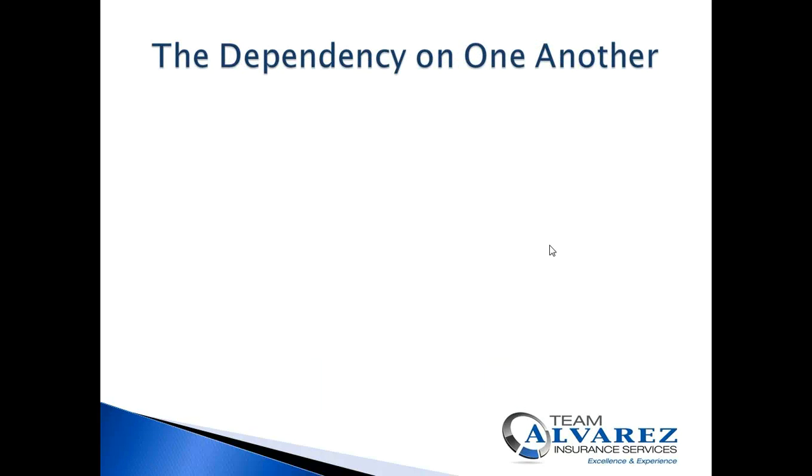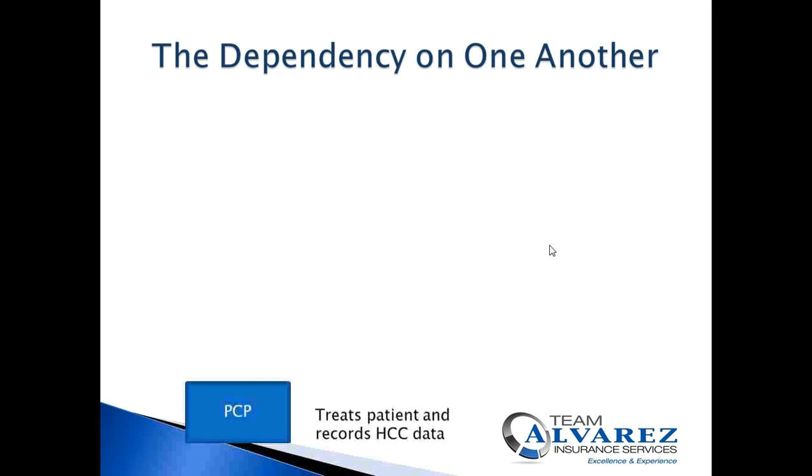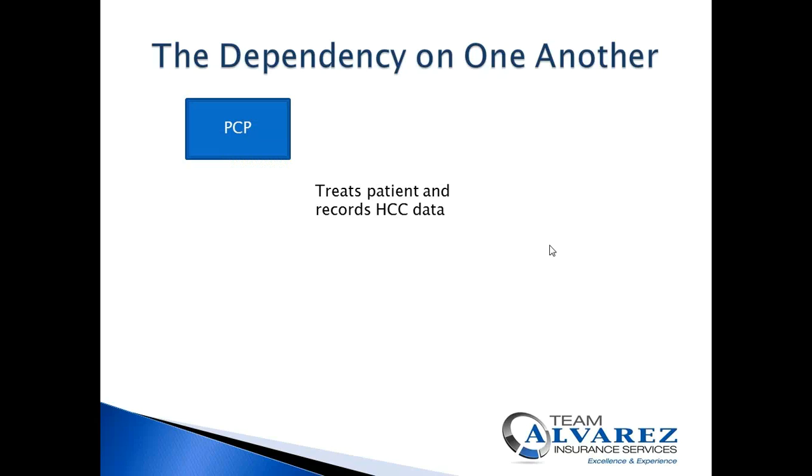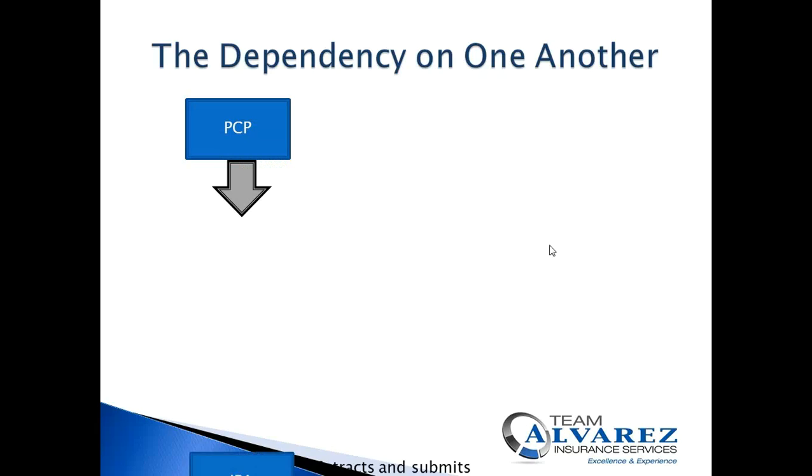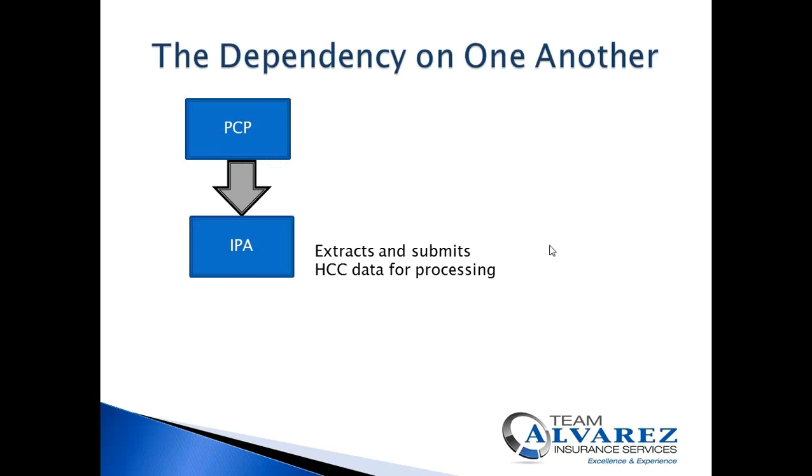So, what is the relationship between PCPs, MSOs, IPAs, health plans, and Medicare? So, the PCP, initially, they treat the patient and record the HCC data. Okay, that data is then submitted to the IPA. The IPA is responsible for extracting and submitting the HCC data for processing by the MSO.